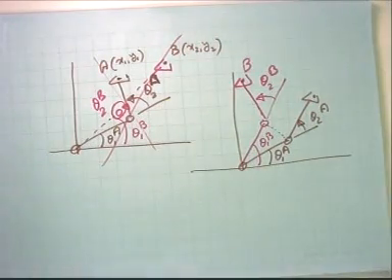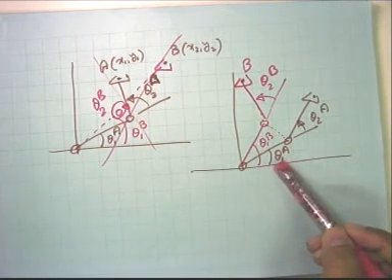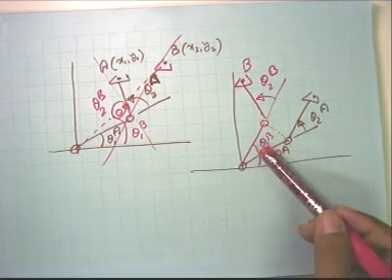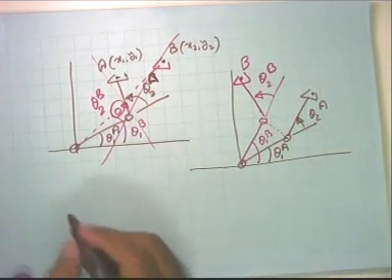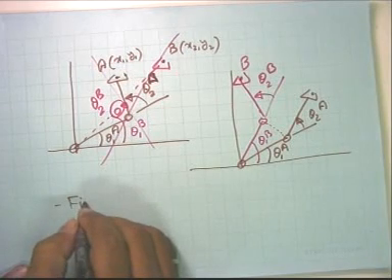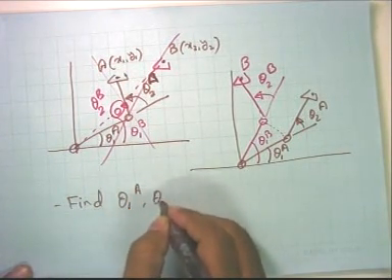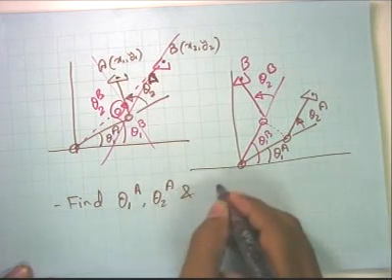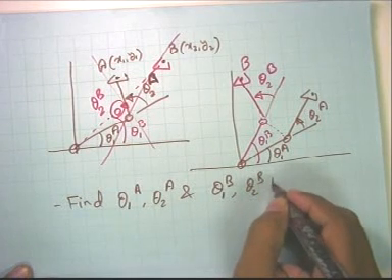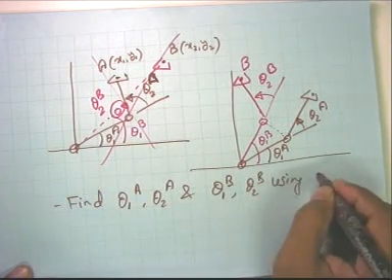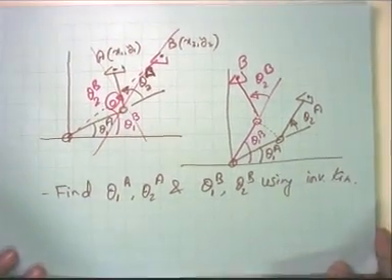So, I calculate theta 1 A, theta 2 A, and theta 1 B, theta 2 B using inverse kinematics.